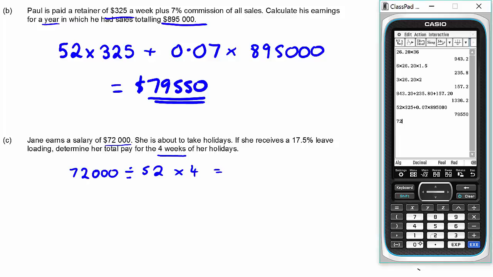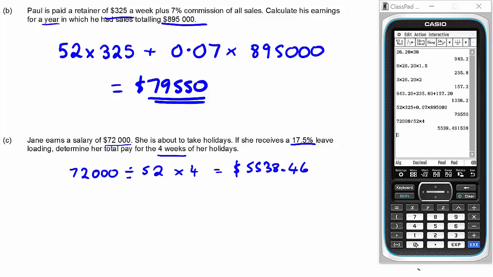So 72,000 divide by 52 multiply by 4 gives us 5538.46. Now she's going to get an extra 17.5% of that as well.